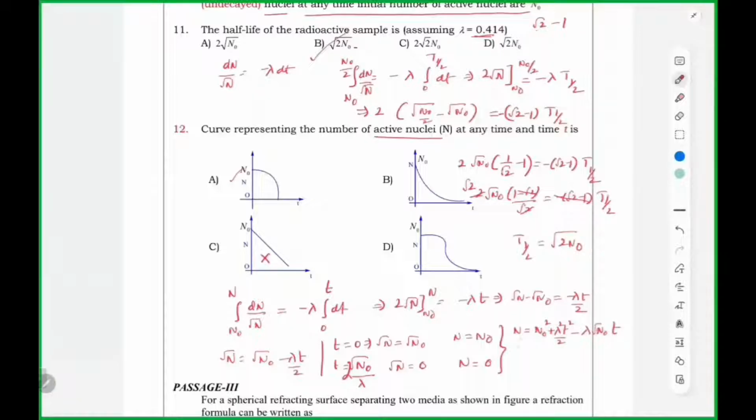So here, N you take along the y-axis, t along the x-axis. The x square coefficient is positive and it is of the format ax square plus bx plus c. Option C and option D are not correct. So it cannot be concave. So option B, but it should touch somewhere.